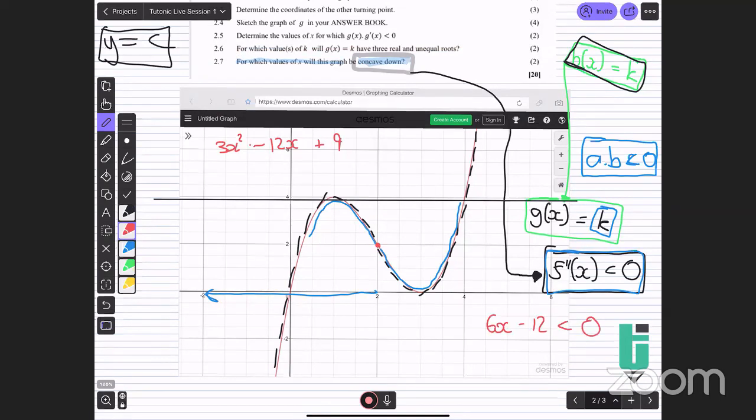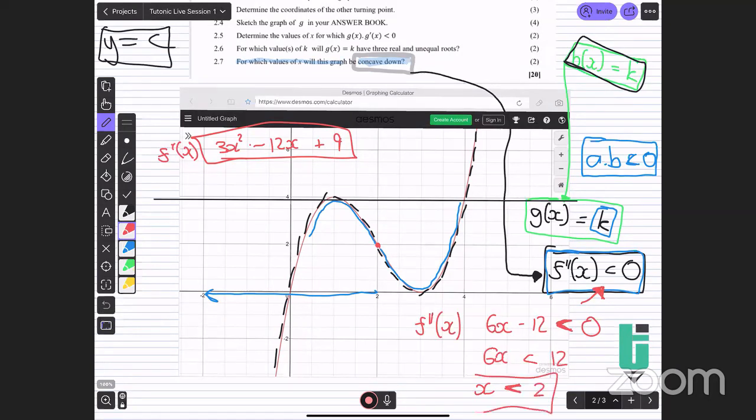Do you guys see this? That's the derivative. Here's the second derivative. But we must make the second derivative smaller than 0 because we want to find when it's concave down, which means that 6x must be smaller than 12 and x must be smaller than 2.